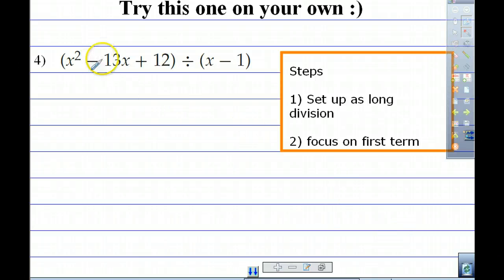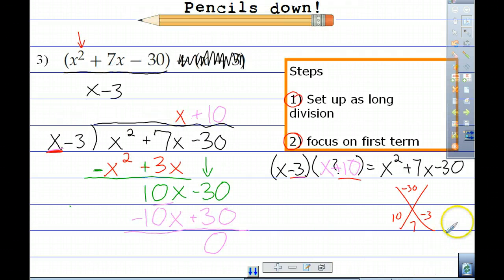All right, so you guys try this one. Let's go ahead and set it up. We have x minus 1. Oh, one more thing that sometimes helps people.